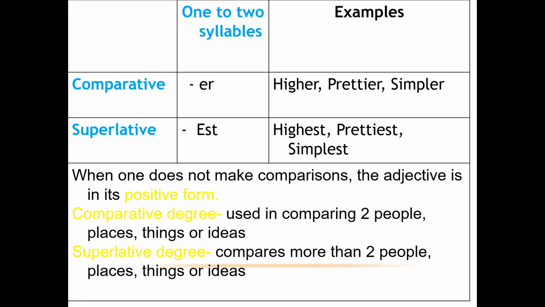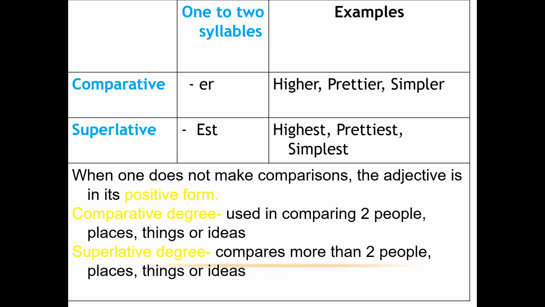Comparative degree, used in comparing two people, places, or ideas. Superlative degree compares more than two people, places, things, or ideas. For example, Anna is prettier than Roxanne. These pair of shoes are simpler than those pair of shoes.